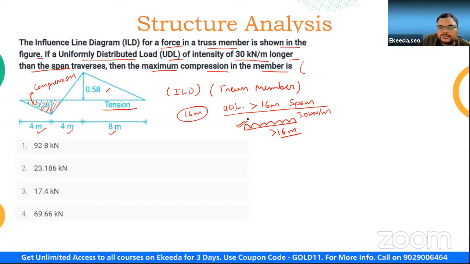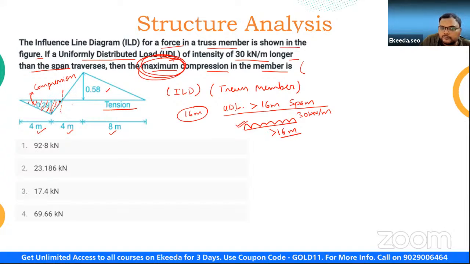Once we know the area, we already know that we are going to apply a load of 30 kilonewton per meter, and we have to determine the maximum value. So whatever load we apply, we apply only up to this point. Why? Because if you apply this load on this side, here it will be compression and here it will be tension, so the tension will neutralize this compression.